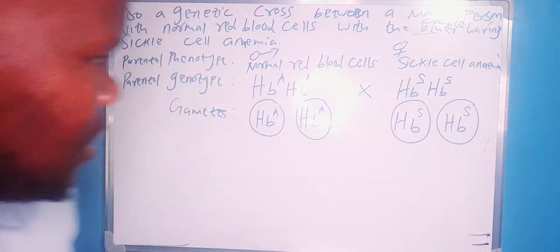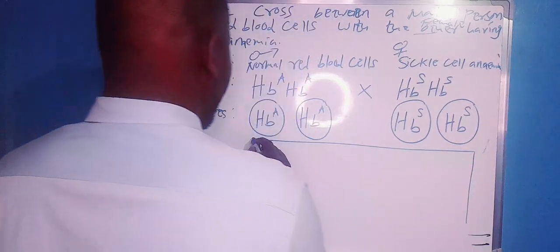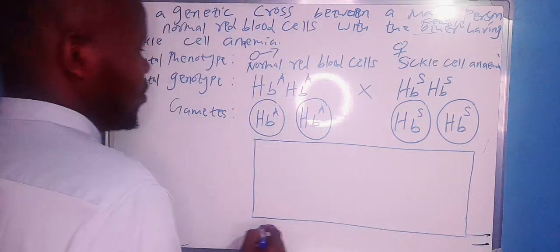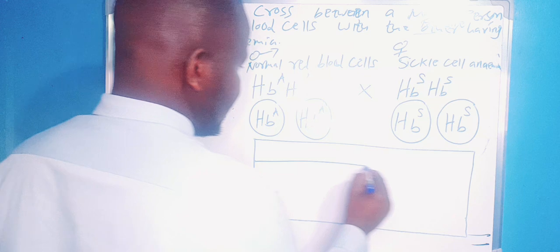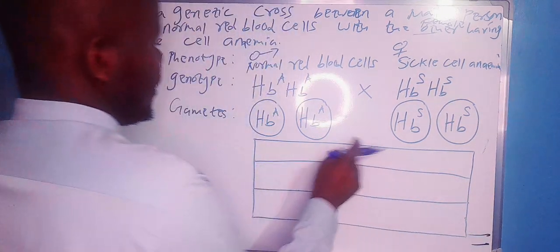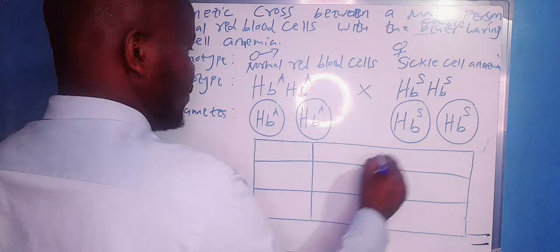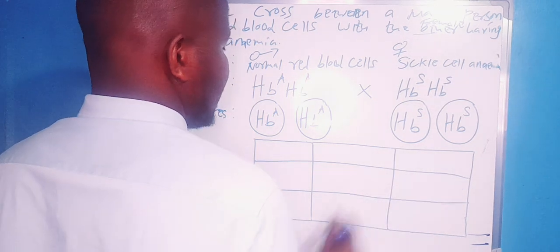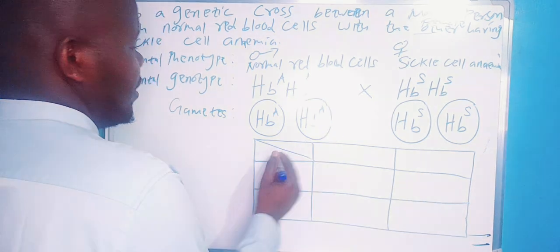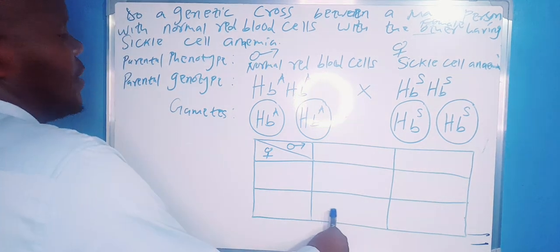You draw a square and divide it into three slots in this manner, then you indicate the signs of the male and the female.